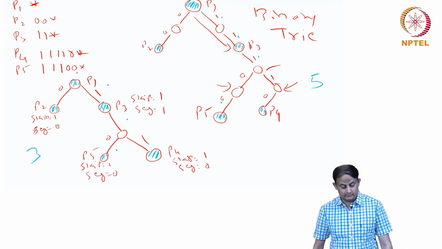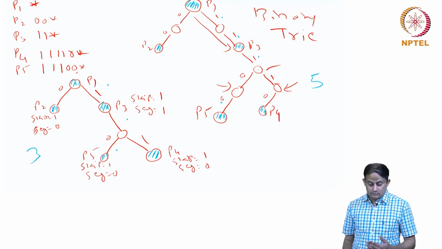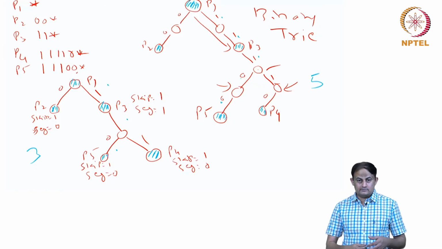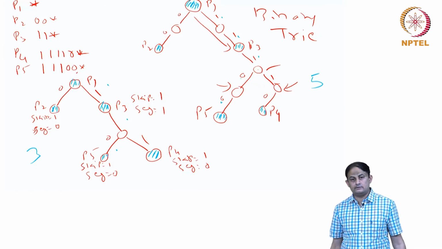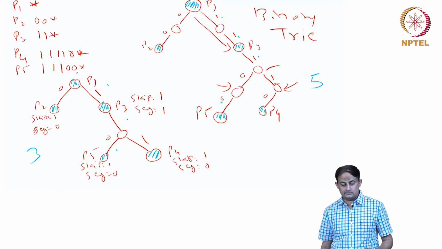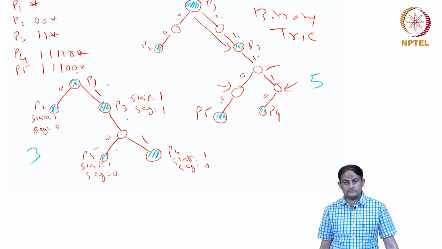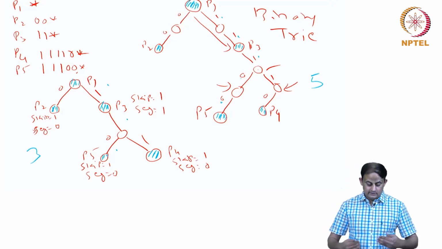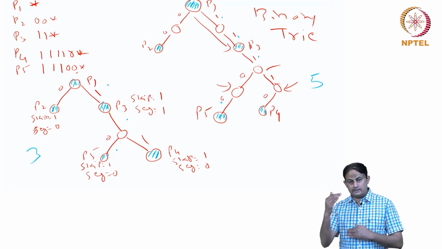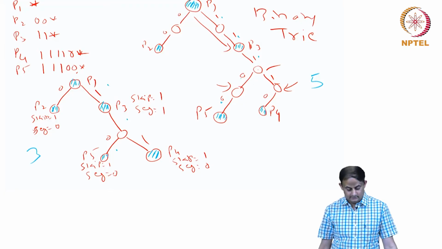So that is how you optimize, by having extra things in the nodes, remembering what I skipped and how many bits I skipped, these two quantities. Then I am able to reduce the height of the trie and thereby the number of memory references.